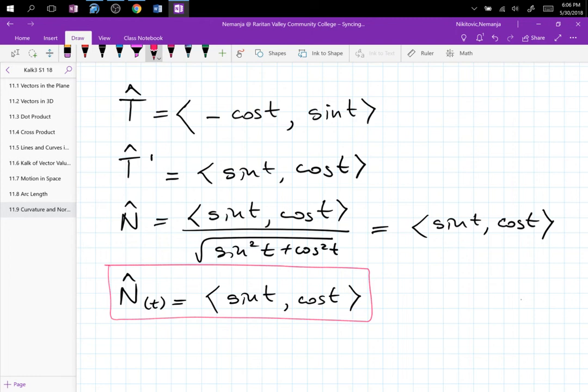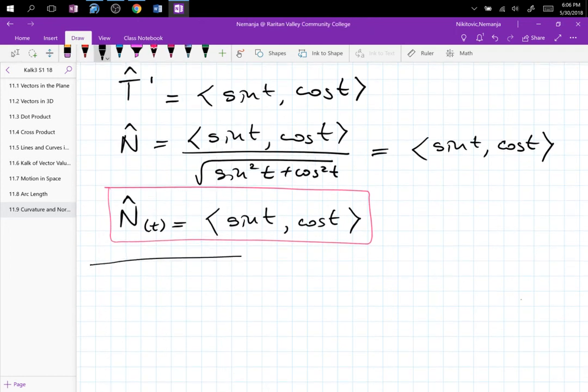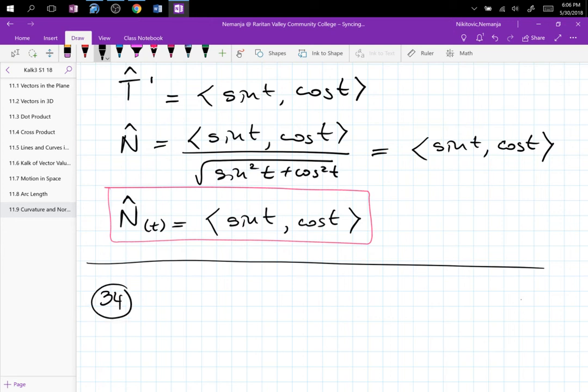Another one? Yeah, why not? What else are you going to do, right? I know how much you love logs, so I decided to pick the one that has ln of cosine t.